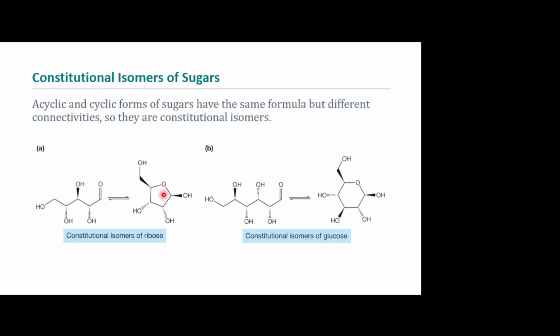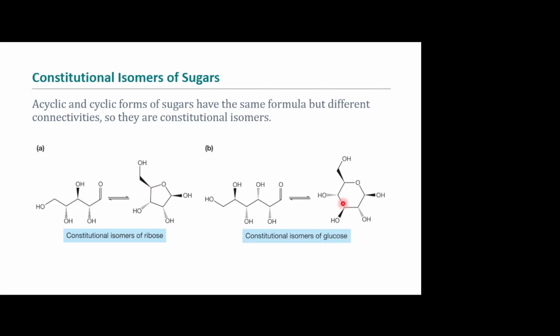And this ring-shaped form is actually a constitutional isomer of that ribose. So you think of ribose usually as the form it's not in most of the time, and the one that it is in most of the time, you kind of just go, it's the same thing, but it's not. It's a constitutional isomer, actually. They have slightly different chemical and physical properties.